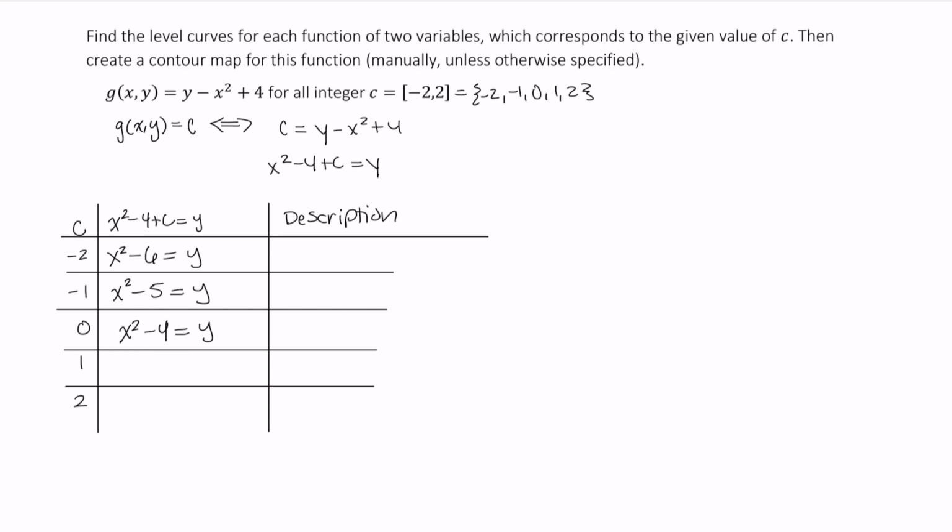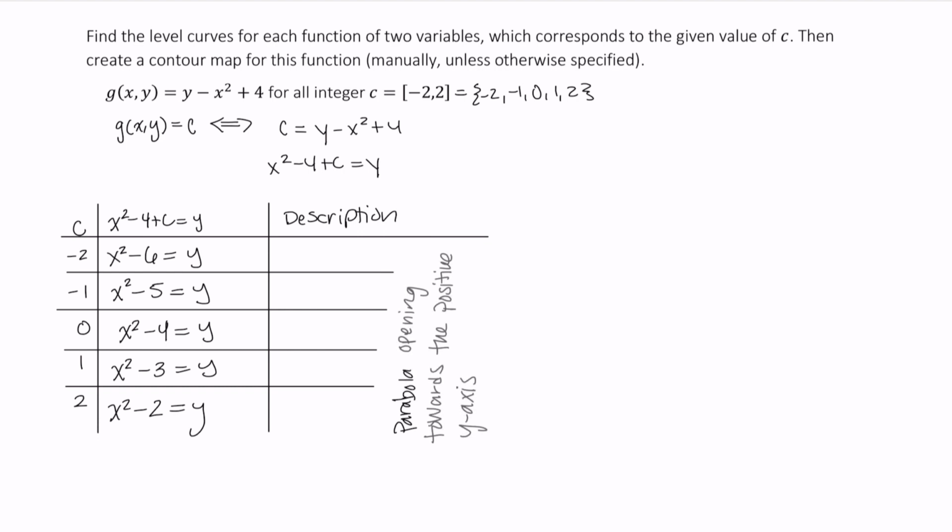When c equals 1, we have x squared minus 3 equals y. And finally, when c equals 2, we have x squared minus 2 equals y. All of these are parabolas that open up towards the positive y-axis. And the only difference is the roots.